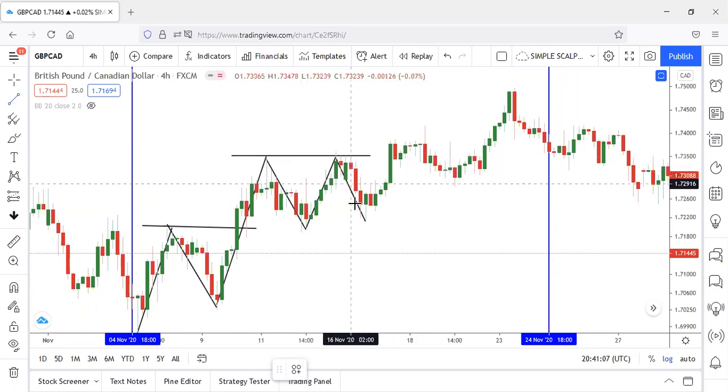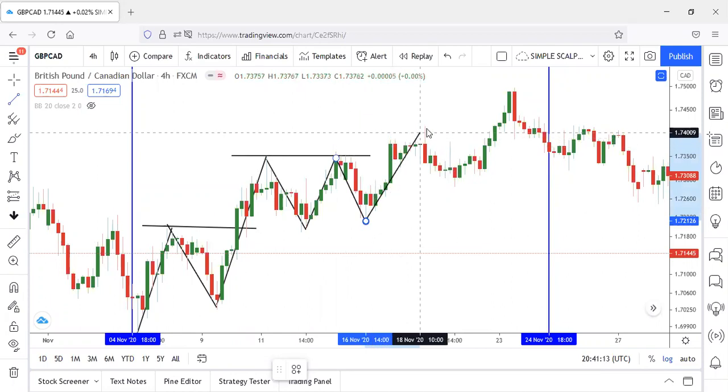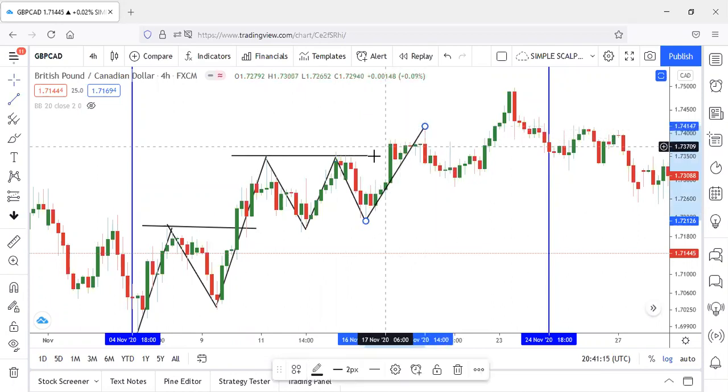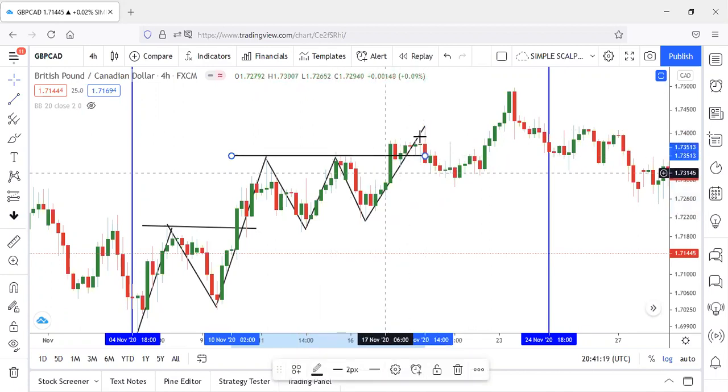Now, based on this chart, you can see the next move that happened went up as far as this and broke this level. Once we see something like this, and look at this big green candle, once this big green candle happens, it's a confirmation that the structure has been broken.